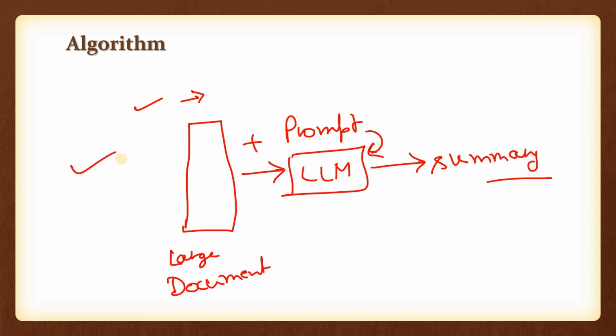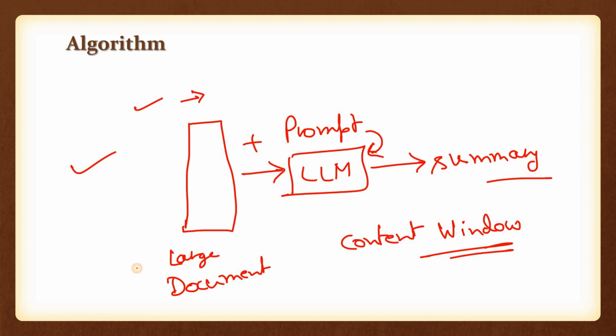But in this simple approach, there is a very big problem, that is the context window. In our previous video, while discussing the fundamental concepts of generative AI and AWS Bedrock, we discussed in detail that for each model we have a context window. Beyond that window, the model cannot remember the information.